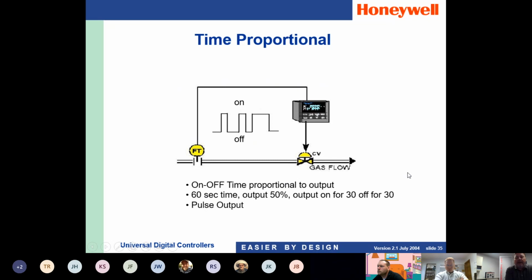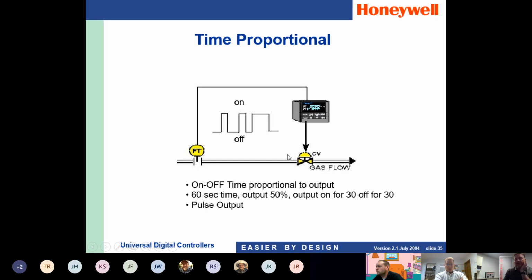The next step of a little more elaborate type of control output using on-off is called time proportional. This is a control output algorithm that would allow you to have a little better control of your process using the tuning features in a controller. The way that it works is it pulses the on to off transition out of the controller to the final control element.